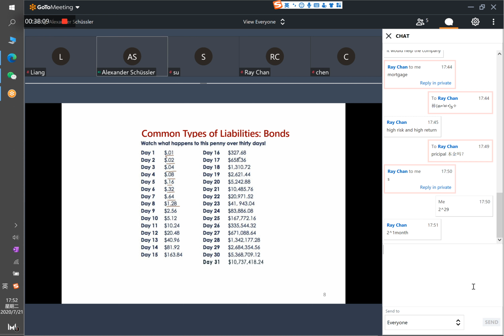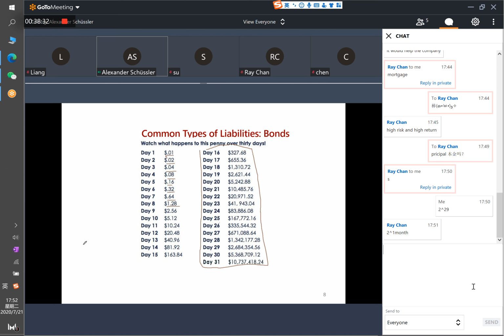It really increases in the second half here. And by day 16, you have $300, $600, $1,310, and so on.